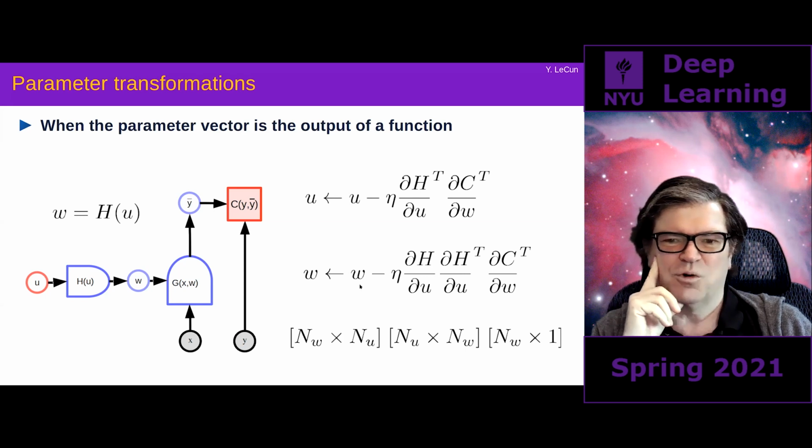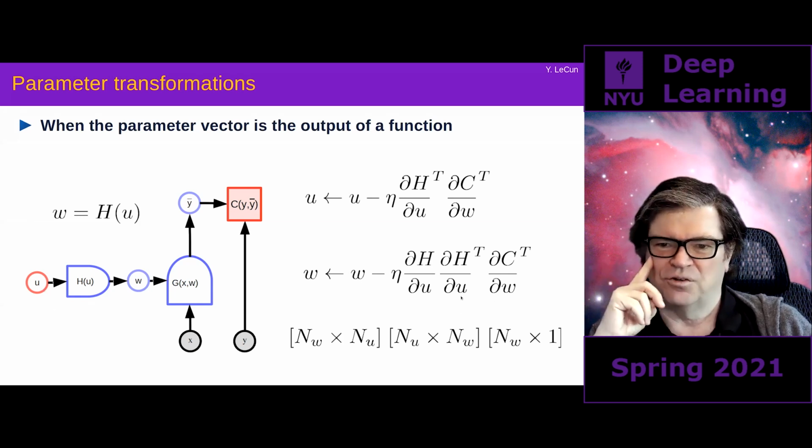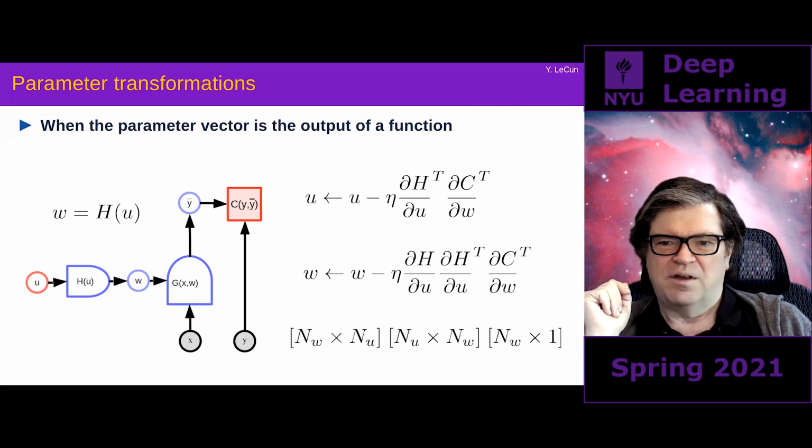But if you want to see the equivalent result of doing gradient descent in U, what effect is it going to have on W? It's going to have this effect. So it's as if we would apply a gradient-based learning rule to W, where the gradient update would be: compute the gradient of the cost with respect to W, and then multiply this gradient by this big matrix here, which is the Jacobian of H multiplied by its own transpose.